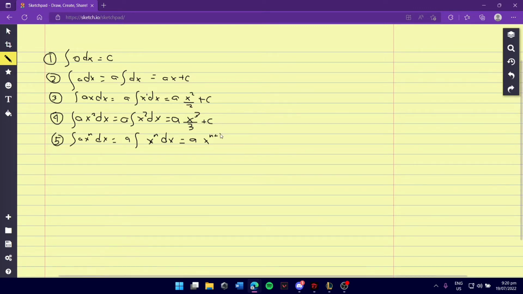So we have n plus 1, and then we divide this term by the new exponent. So we put here n plus 1, then put our arbitrary constant. So this is our power formula.